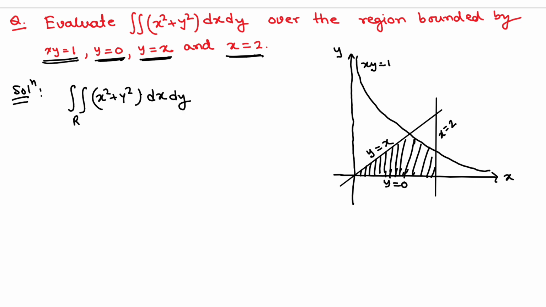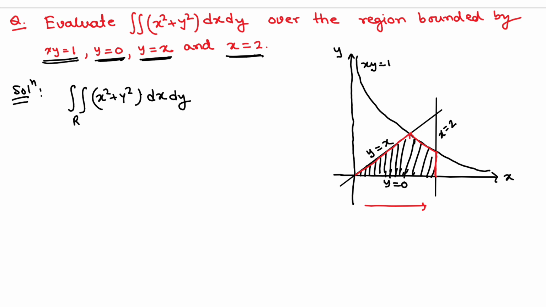Now the problem is, if we have to find the limit of x, the process is left to right. Left means this curve, and right means this and this. That means when calculating the limit of x, we get two separate curves, and this is not possible. That's why we have to break the whole region into two parts.